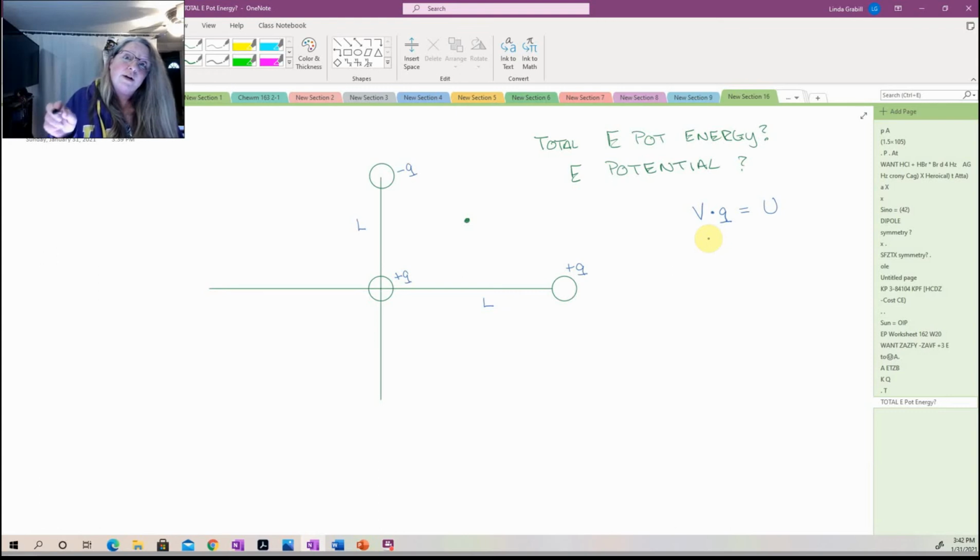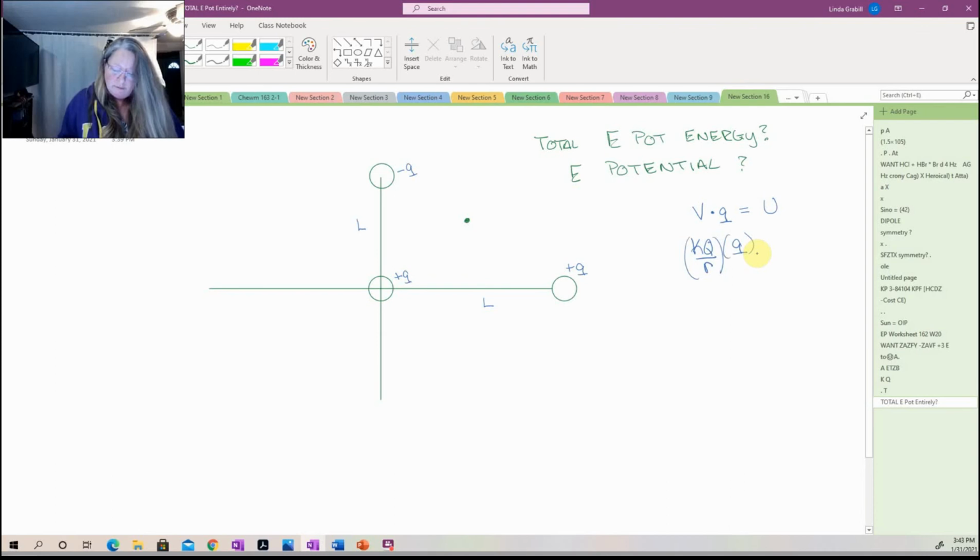So the integral we're actually doing is the integral of the electric field dotted with the distance. That's why it's a scalar. And we know that potential we've defined as being kq over r. So we have this q and then we have this q.